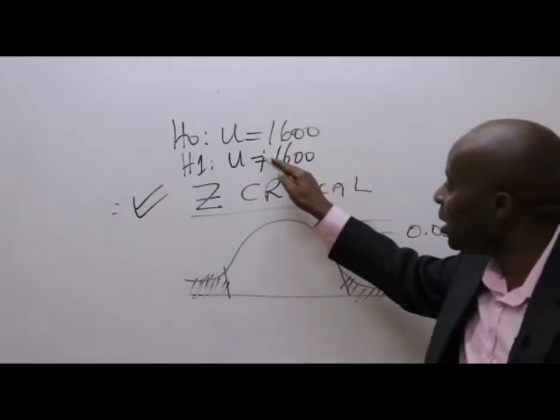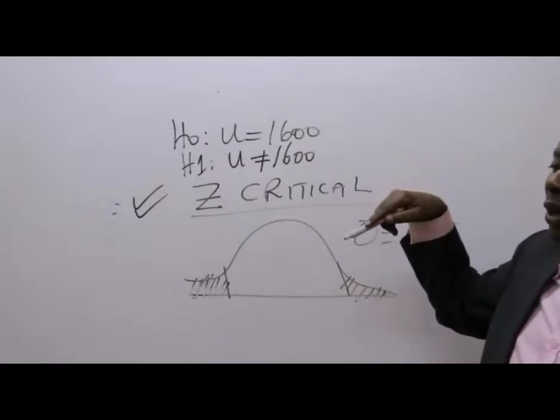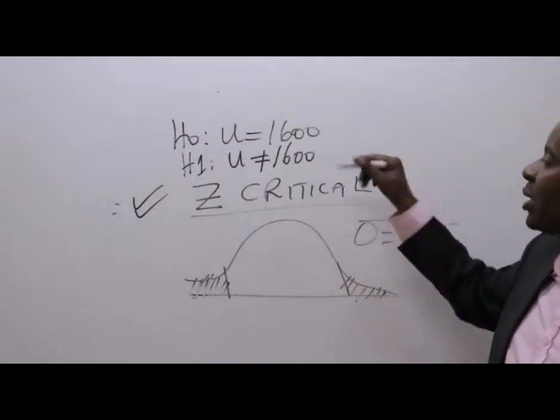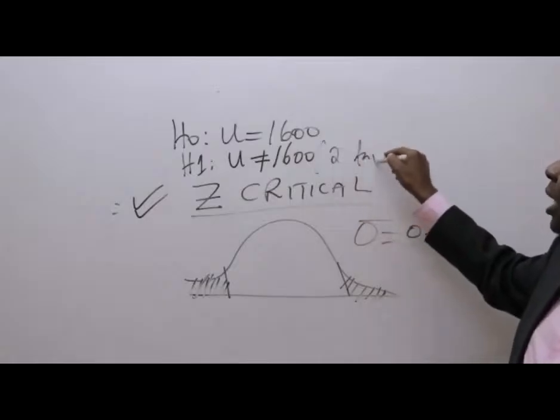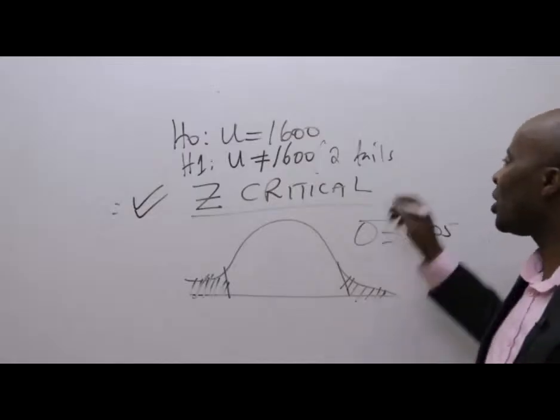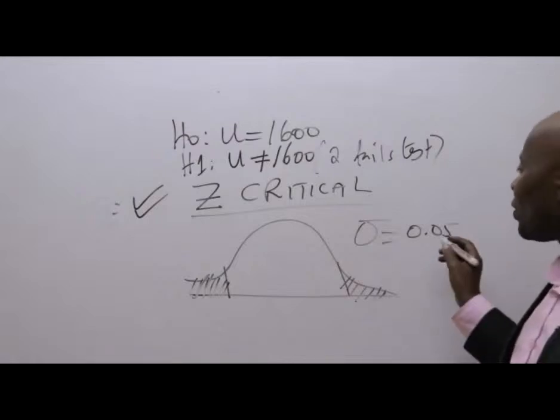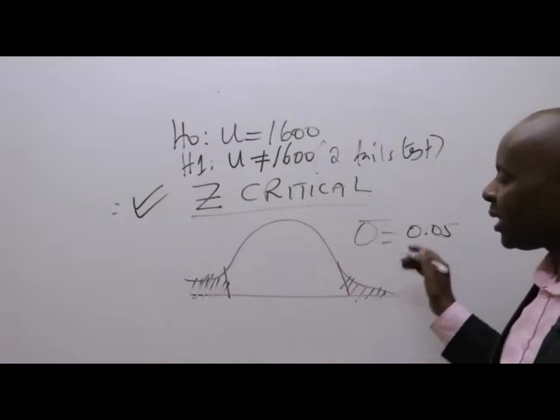Given that this is a not equal, it can go either way, so you are handling a two-tails test. It's not a one-sided figure.